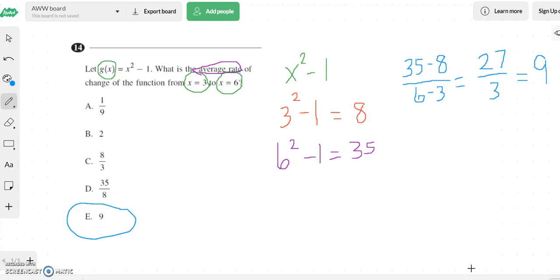All the students need to understand with this is that when they're seeing that g of x, that means that they're substituting. They're telling us what x is, so we can substitute the 3 here and we can substitute the 6 here. This gives us the biggest portion and the smallest portion. And since we're looking at rate of change, that means that we're going to see what the distance or difference is between those two.